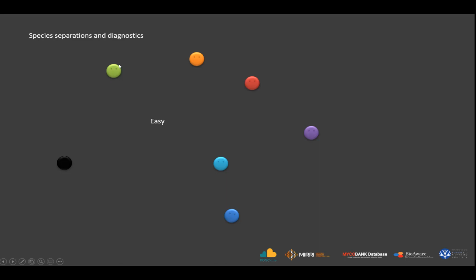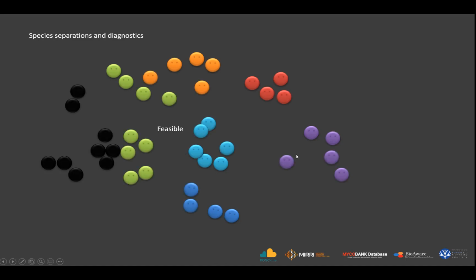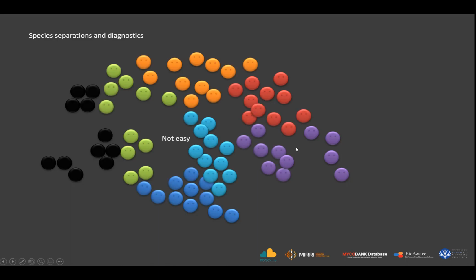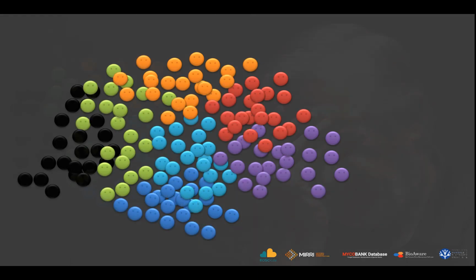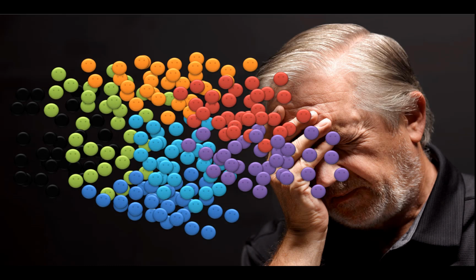For example, you see that at the beginning, you have only a few types, a few strains, a few individuals that are very much separated from one another, and therefore you can easily say that this is species 1, species 2, species 3, and so on. That's easy. When you introduce more strains, it's becoming like this, and then like that, and then finally it's becoming more and more complicated and becoming a nightmare.